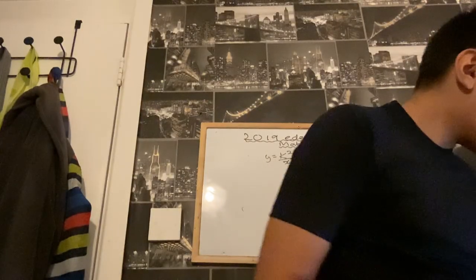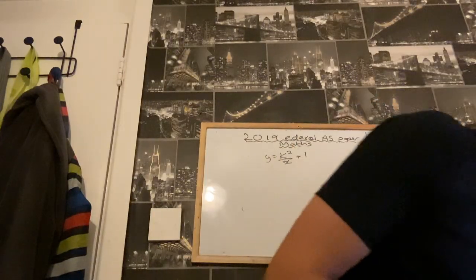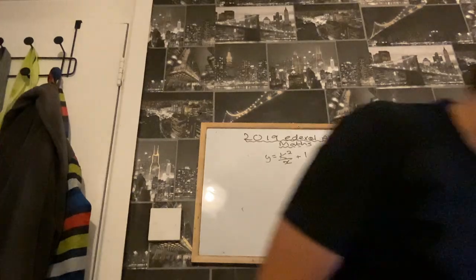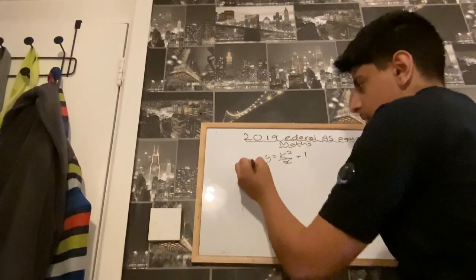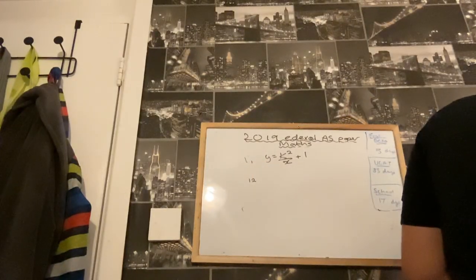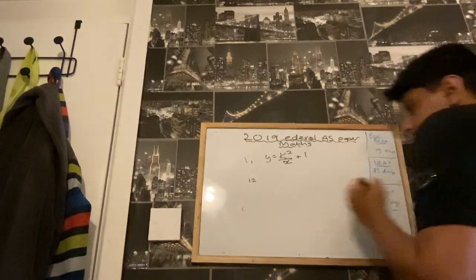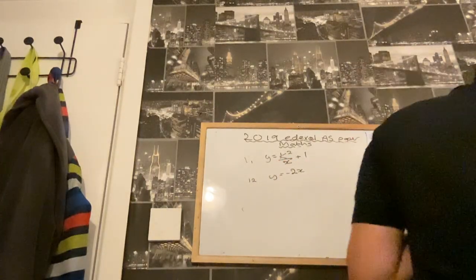Okay. Show that the x-coordinate of any point of intersection of L and C is given by the solution of the equation 2x squared minus 4x plus k squared. So we're given another line. This is our first line, so I'll call this L1, and L2 would be y equals minus 2x plus 5.